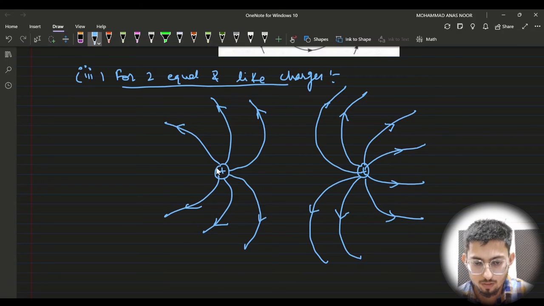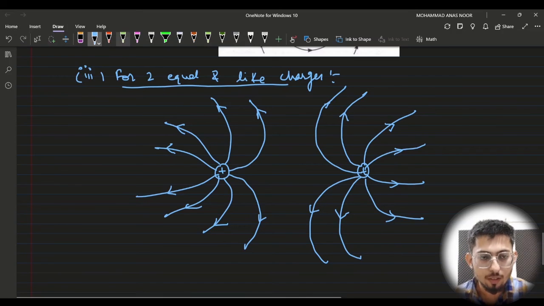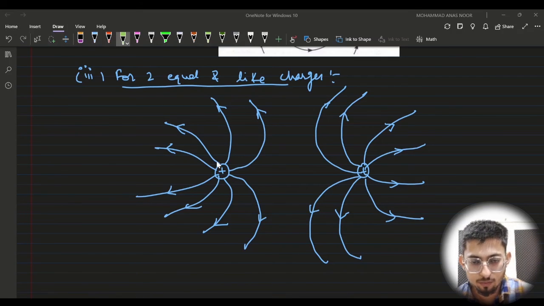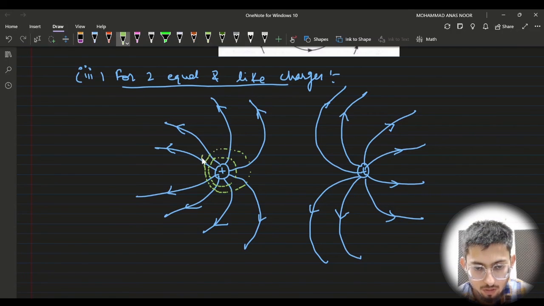But what can you say about the equipotential surface in this case? Let us draw it with the green pen. They would be like this. This is one of the equipotential surfaces. This is another. This is the third one.